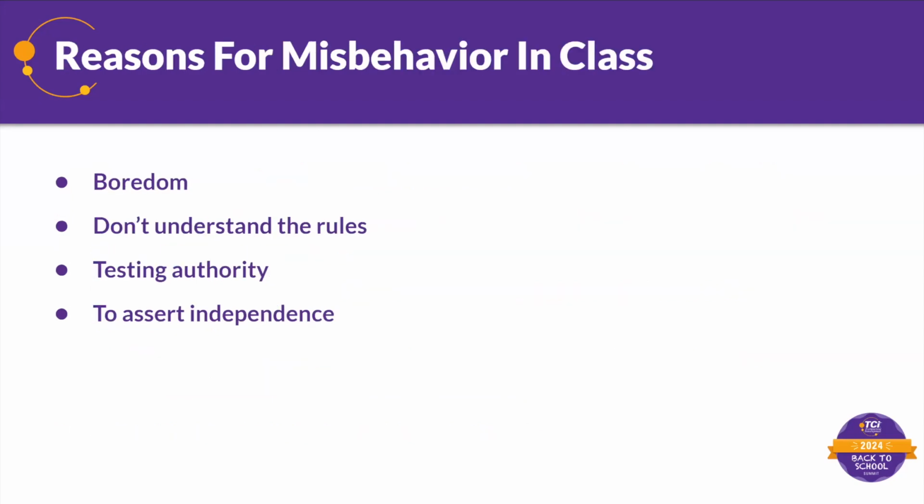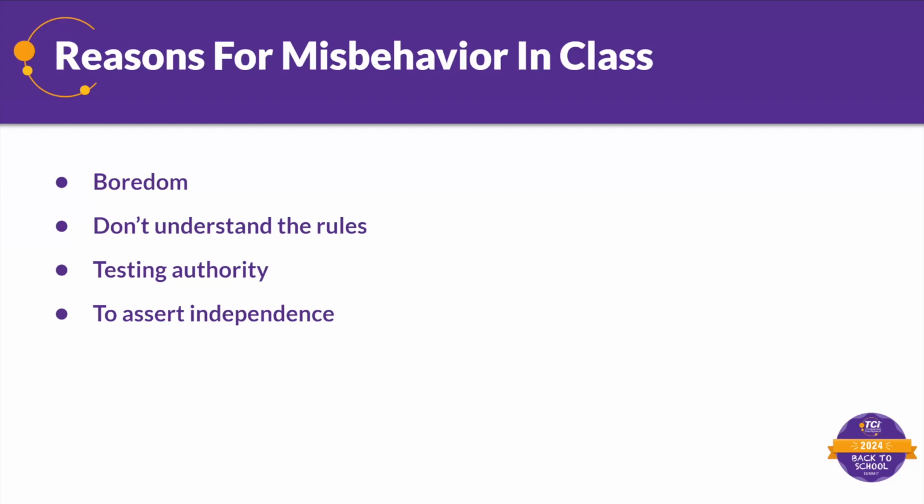They don't understand the rules of the class that you have. Certain grade levels will do this more than others, but virtually every young person will test authority at some point in time. This is anecdotally true for me, but it's also in research: week 3 is the biggest testing week for kids to test teachers once they're comfortable, to see if the teacher means it when he says, here's a rule, and here's what's going to happen if you break it.